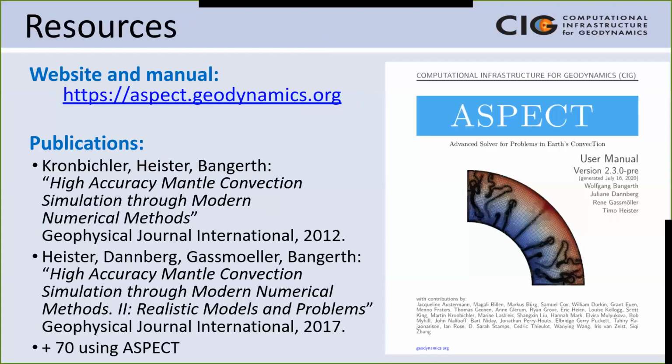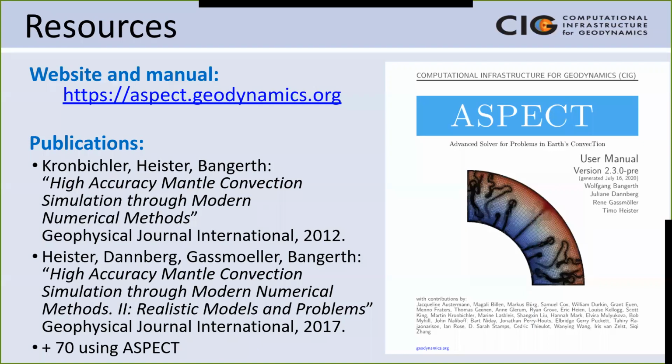Okay, so some of the resources I've already mentioned. If you need to look something up, the canonical source is always to go to aspect.geodynamics.org, hosted like everything else by CIG. geodynamics.org is the website of the Computational Infrastructure for Geodynamics.